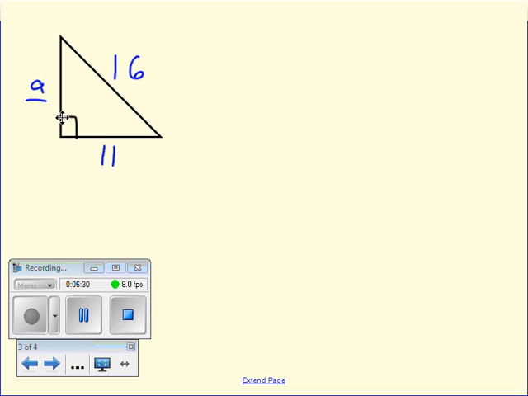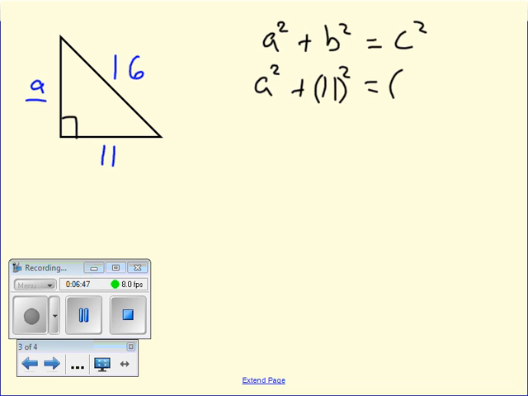I'm still going to use my Pythagorean theorem, A squared plus B squared equals C squared, and I'm still going to plug in the numbers of what I know. I don't know what A is, but I know that B is 11 and C is 16. So I have A squared plus 11 squared, which is 121, equal to 16 squared, which is 256.